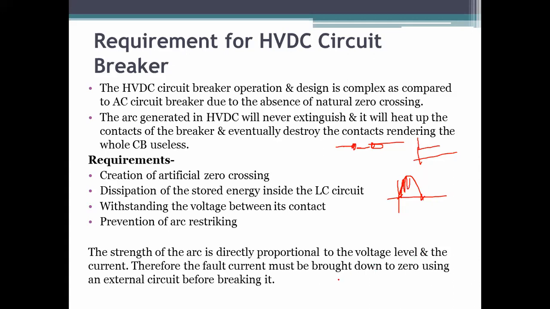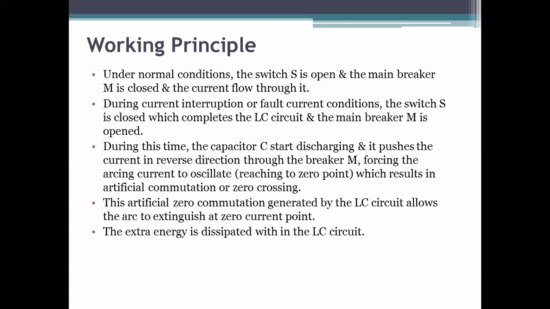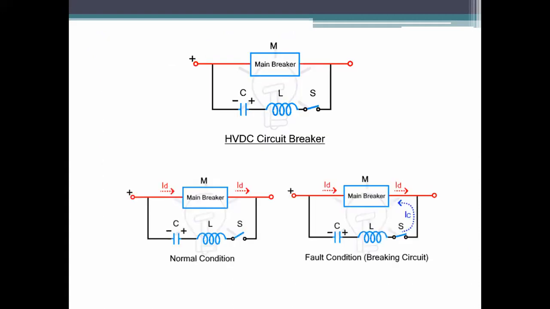So these are the requirements of this HVDC circuit breaker. Then the working principle. First we'll see the circuit diagram for this HVDC circuit breaker. Here we are using HVDC, simply plus and minus. This is the main circuit breaker between the two ends.